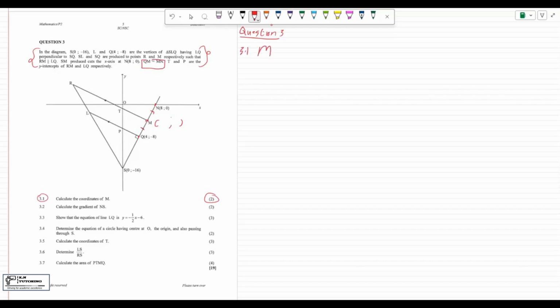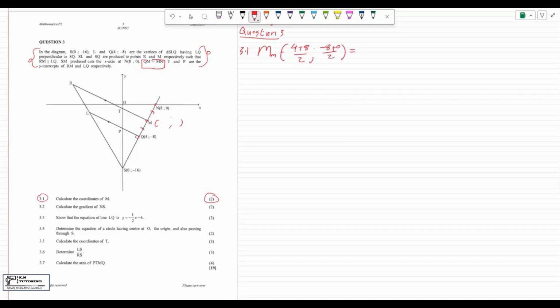So the midpoint at M is going to be (4 + 8) divided by 2, and then (-8 + 0) over 2.